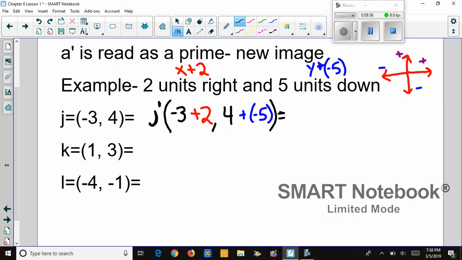This will tell me that J prime is now at the location of negative 1, comma, negative 1. Negative 3 plus 2 gives me negative 1, and 4 plus negative 5 gives me negative 1. My ordered pair is now at -1, -1.